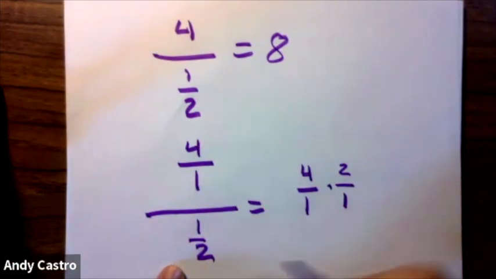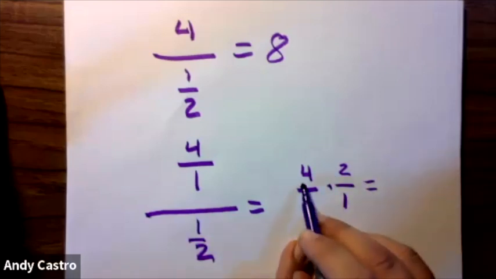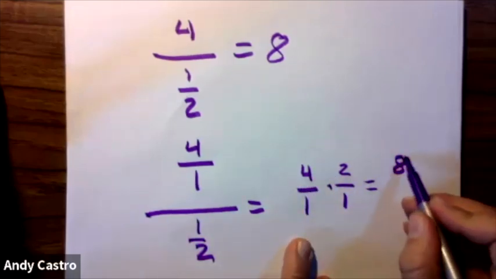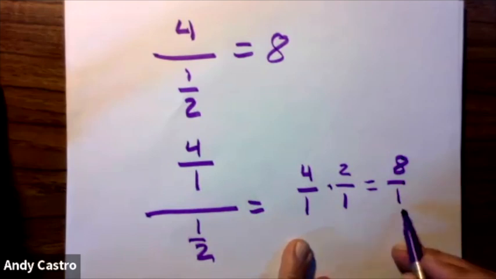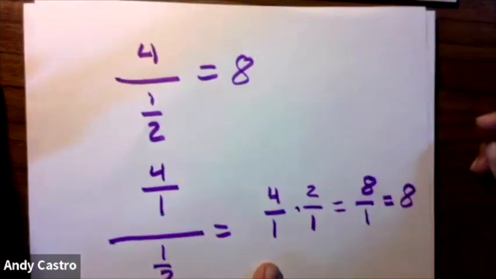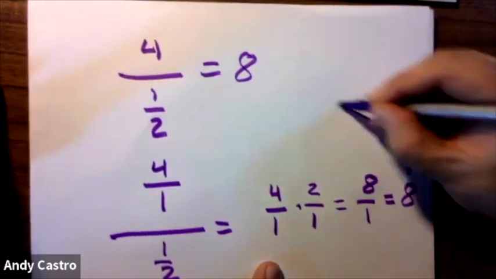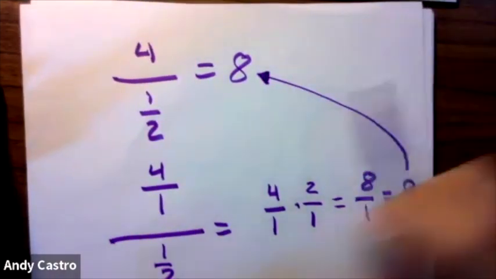So 1/2 becomes 2 over 1. When I multiply across the top, that's 8. I multiply across the bottom, that's 1. 8 over 1 leaves me with the number 8. Right? So that's what we mean.